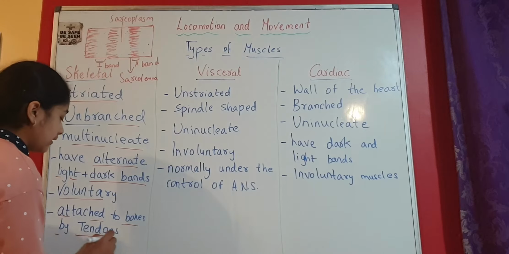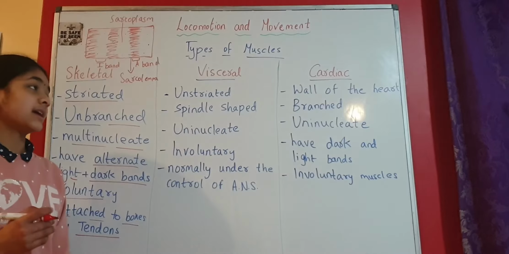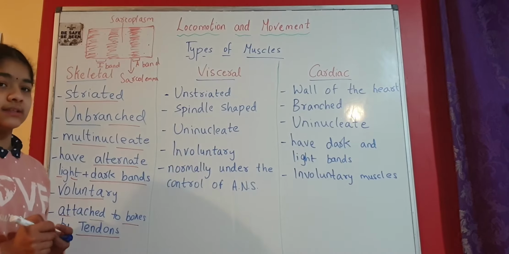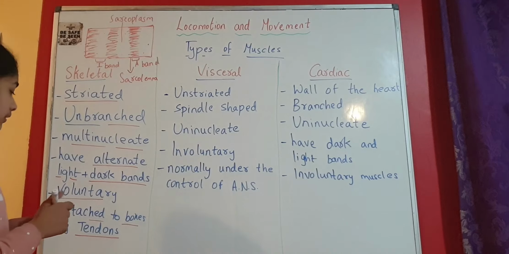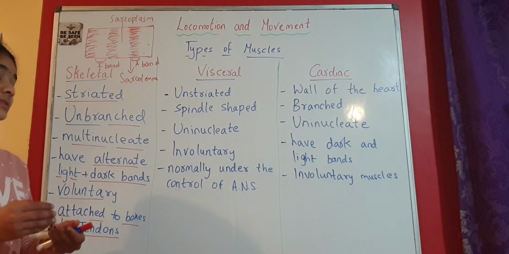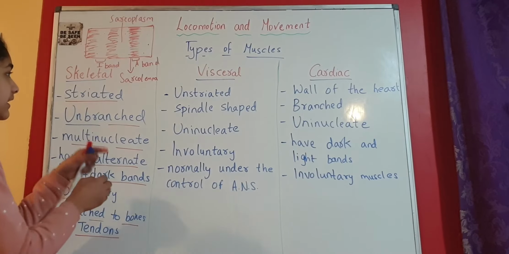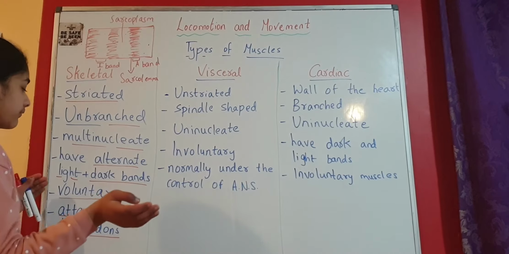This is important. Whenever you run or do any exercise, your muscles contract and relax. Now, a question arises: whenever you run or exercise, why don't these skeletal muscles just fly off in the body?